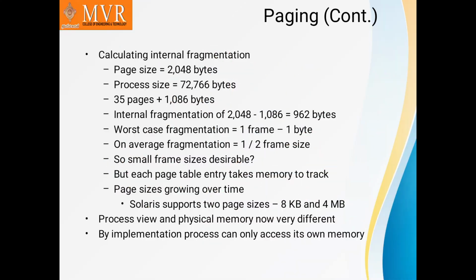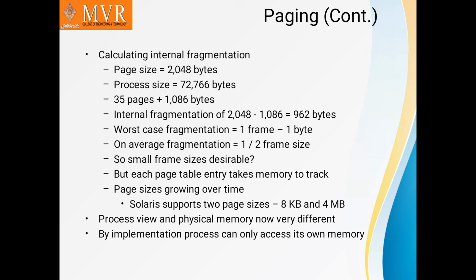Paging is calculating the internal fragmentation, that is page number, page size, process size. The number of pages is 35. The internal fragmentation is page size minus process size, that equals 962 bytes. The worst case fragmentation is 1 frame minus 1 byte.